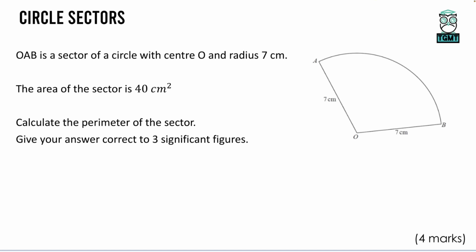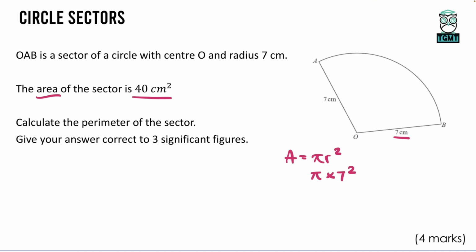So as we are given the area, which is 40, we need to apply the area of a full circle onto this sector, and then we'll try and figure out what proportion of the full circle this is. So if it was a full circle, we would do area equals pi r squared, where the radius is 7. So if we type that into the calculator, we'll do pi times 7 squared.